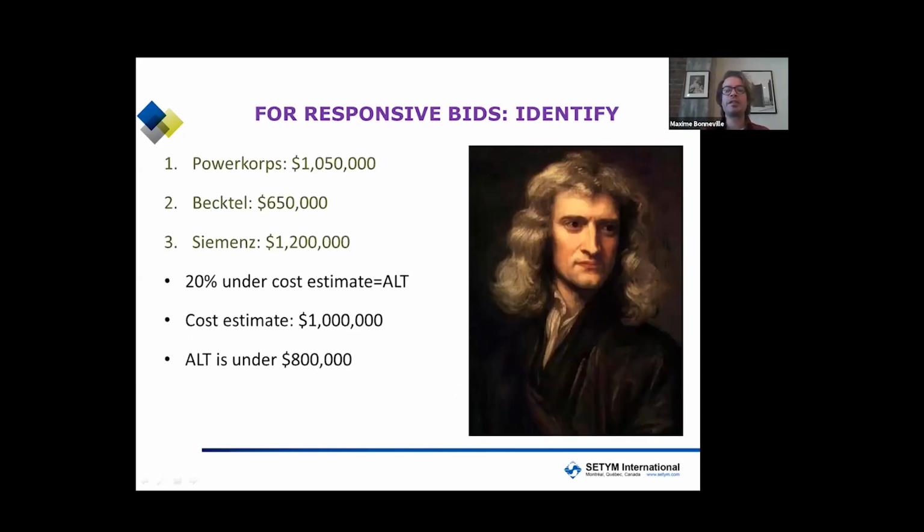First, you'll notice in my presentation that for every step, for example, with the first step, responsive bids only, you'll have a picture of something that symbolizes the main action. So you might not know who the gentleman with the long hair is. He's called Sir Isaac Newton. He lived quite a while ago, and he was one of the foremost mathematicians of all times.